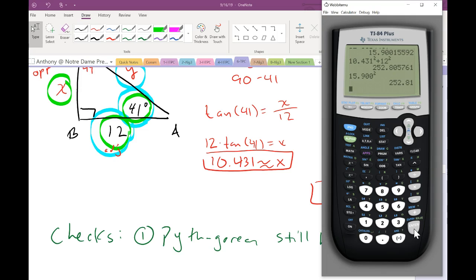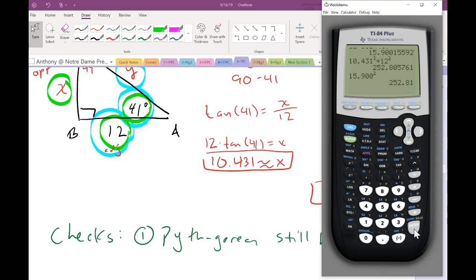Okay, let's come back to that in just 1 second. So that's close enough. Why are they slightly different though? Shouldn't they be exactly the same? Why are these slightly different? Because we had to round our answers, right?